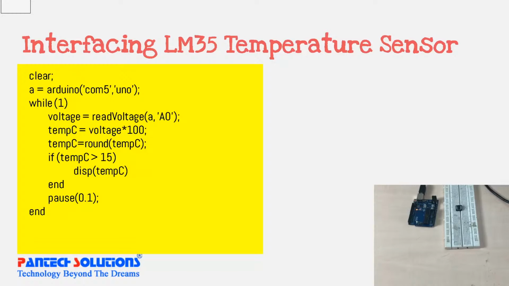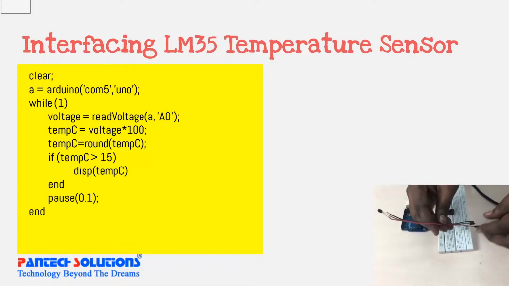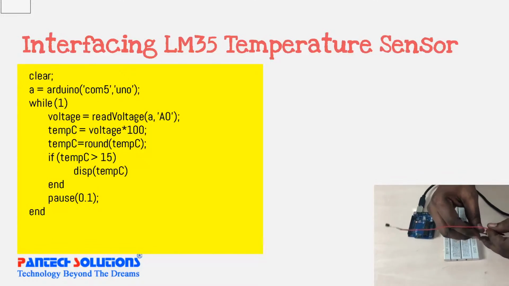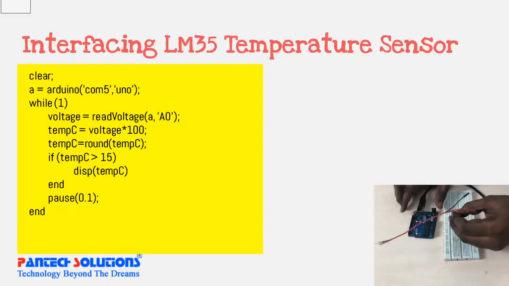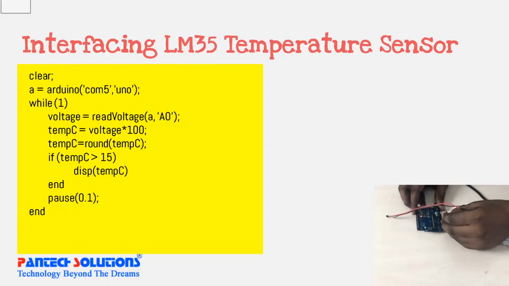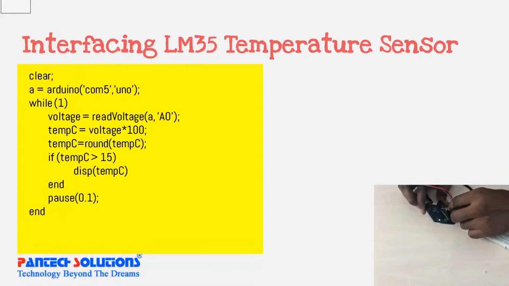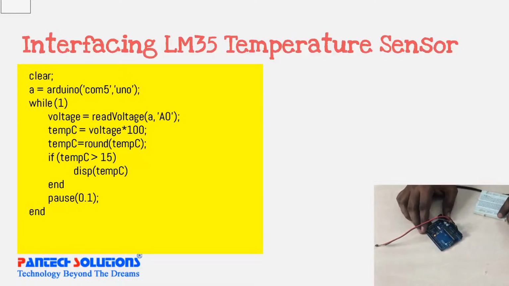Okay, so this is the LM35 sensor. Red is the VCC, black is the ground, and brown is the data. Data I'm going to connect to A0, and VCC to 3.3 volt. Connect to ground. Okay, so I have connected the VCC.